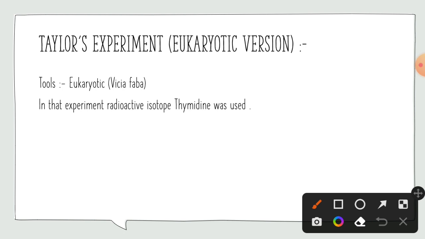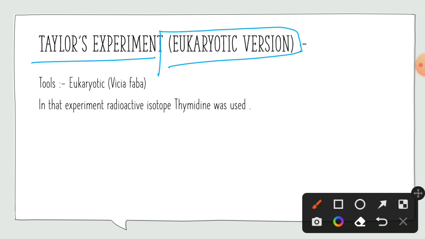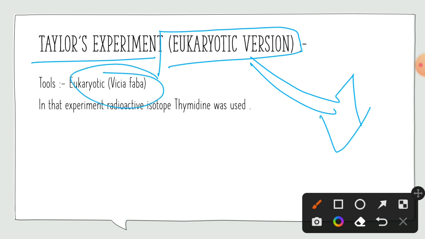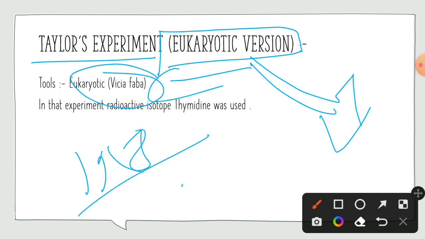There is a similar experiment named Taylor's experiment that told us that DNA replication is semi-conservative in the eukaryotic version. They used Vicia faba for that experiment, although the aim of the experiment and the year in which it was conducted are exactly the same, 1958. Okay friends, but this is the difference. Meselson used E.